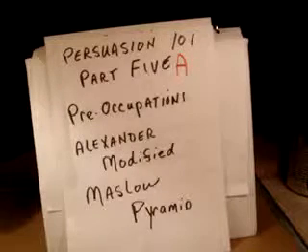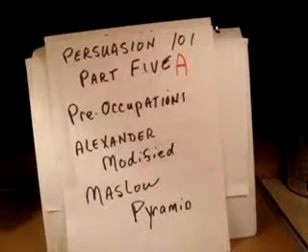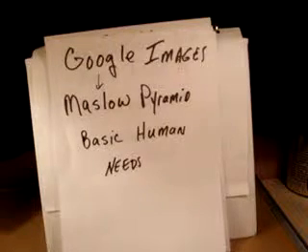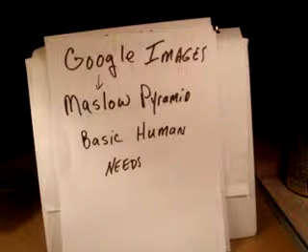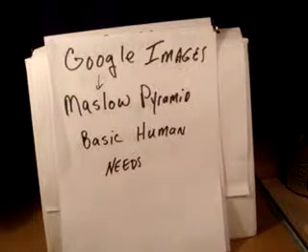Abraham Maslow was a psychologist. I recommend you use Wikipedia or Google Abraham Maslow. What I want you to do is go to Google Images and type in Maslow Pyramid. And there you're going to see a pyramid of basic human needs. I've got to adjust my lighting here.